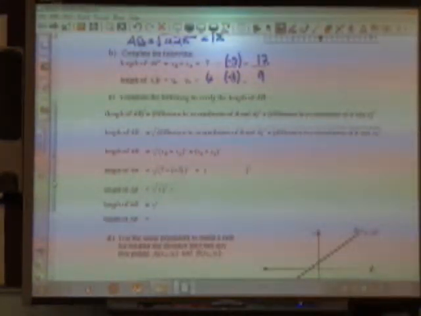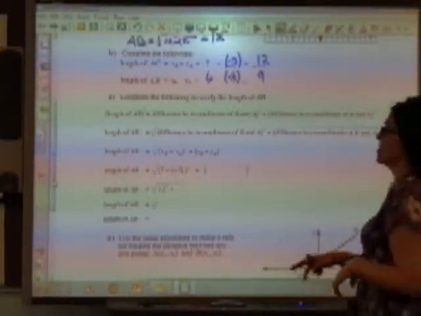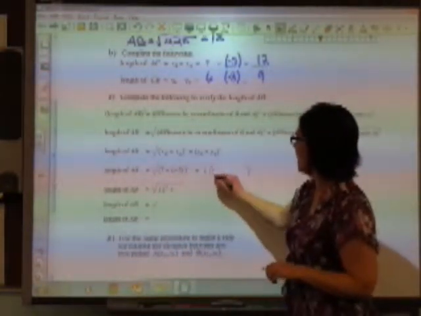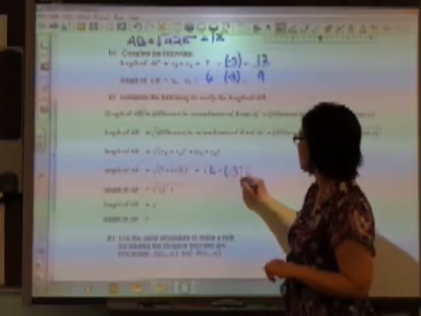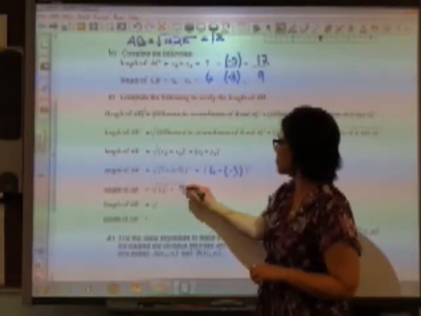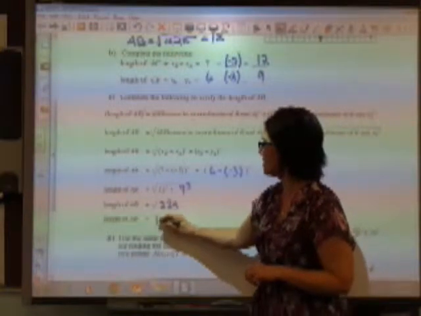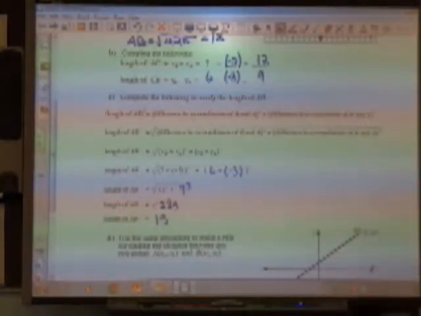Just means pick a coordinate, subtract. Pick a coordinate, subtract. So I get 7 minus -5, which was my 12 squared, and then I get 6 minus -3, which becomes 9 squared. Together gives me 225, and I still get 15.